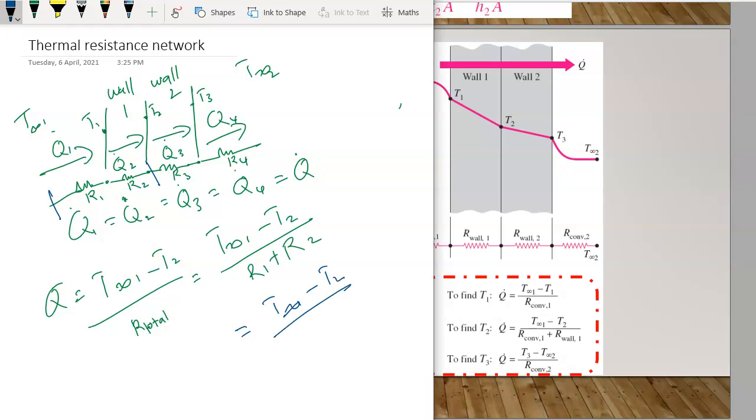The handwriting is a bit sloppy. Alright. So R1 is 1 over h1 A1, plus L over k1 A1.